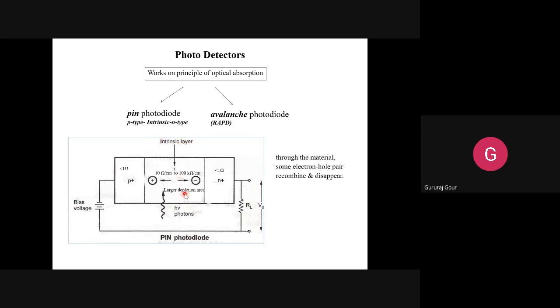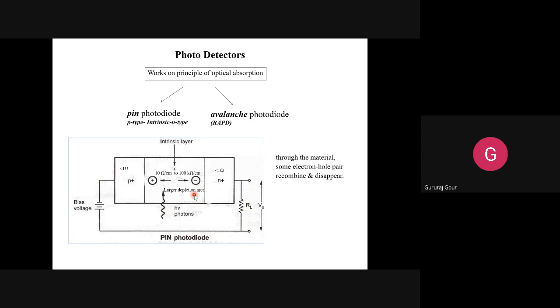Photons fall here, so the intrinsic layer acts like a large area which absorbs more photons, a large depletion area. So it is something like this.